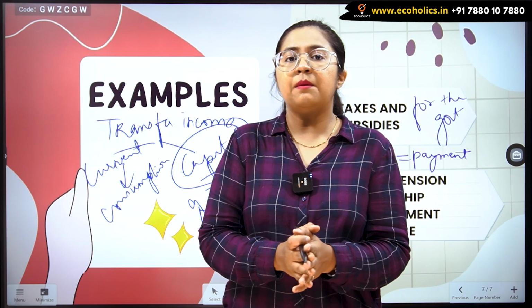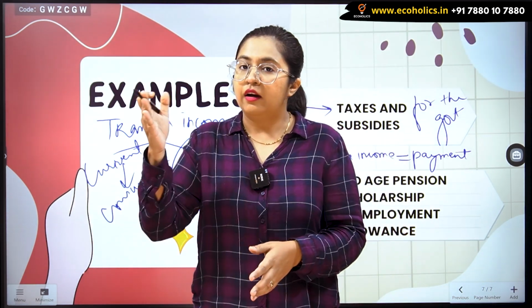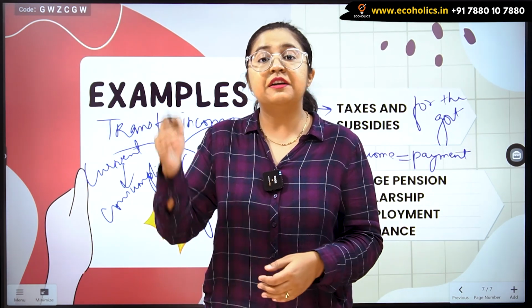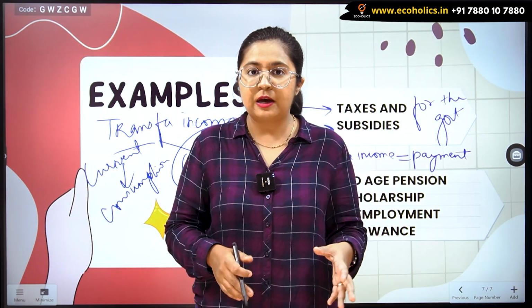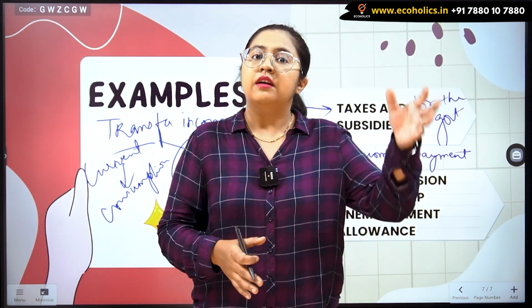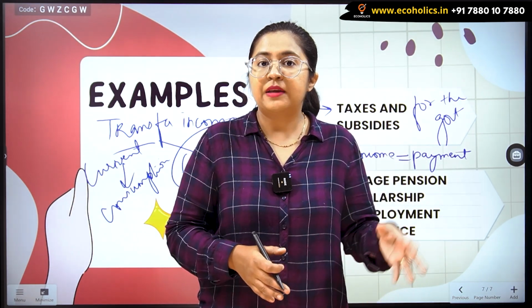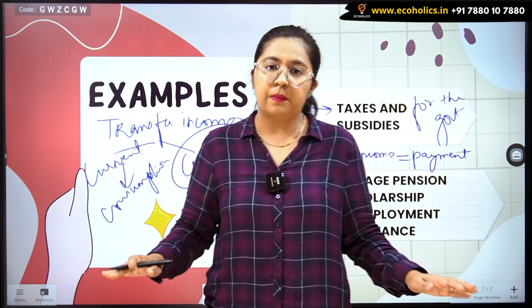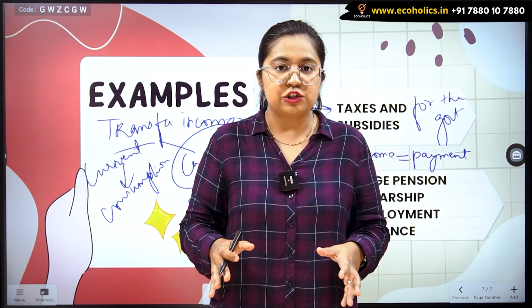So this is the prime difference between factor income and transfer income. One thing to note is that factor incomes are a part of national income calculation. However, transfer incomes are not a part of the calculation of national income.